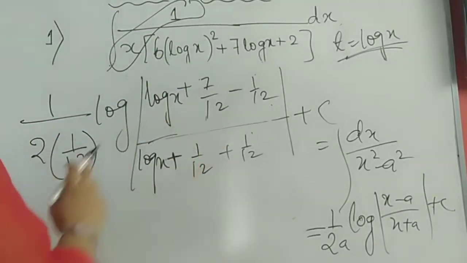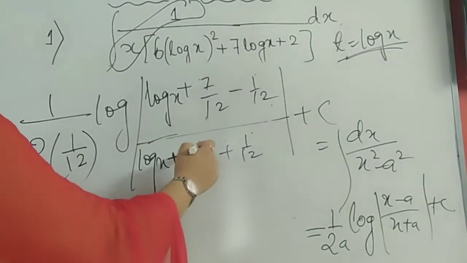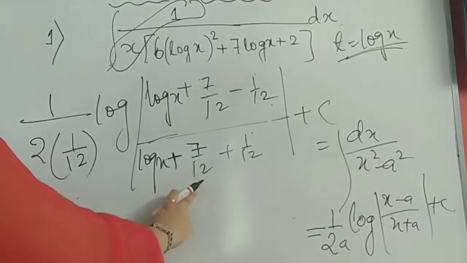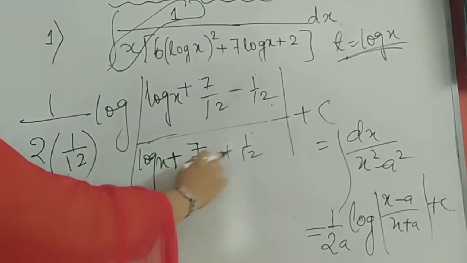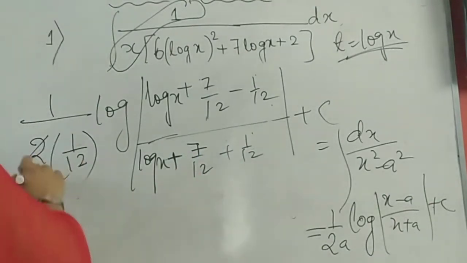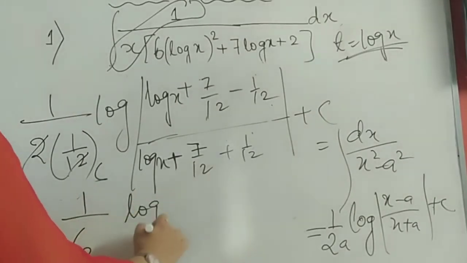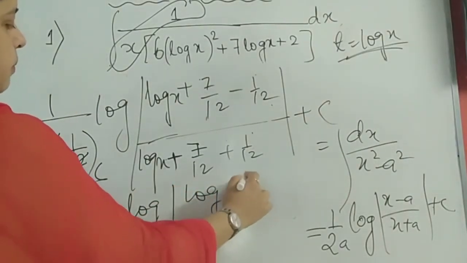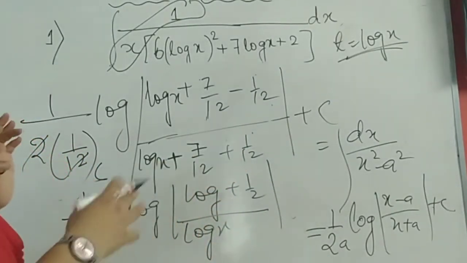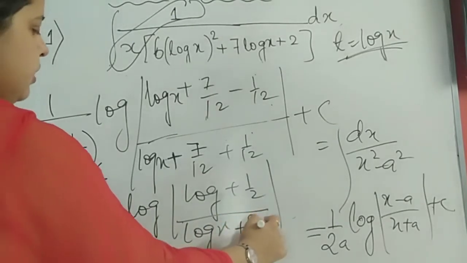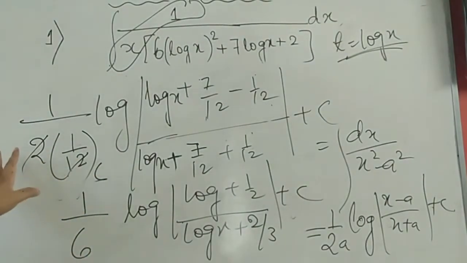So it will become 6 by 12, that is 1 by 2, and this will be 7 by 12 only, because you have this 7 by 12 only. And this is 8 by 12. So I am going to cancel this 2 with 12 also. 1 by 6 log of, this is log plus 1 by 2, and this is log x. This is 8 by 12, so cancelling down you are getting 2 by 3, and don't forget to put that c. So here is your final answer.